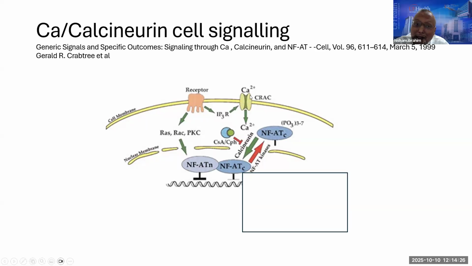This opens the calcium channel, allowing an influx of calcium into the cytosol of the cell. Calcium binds to calcineurin and activates nuclear factor of activated T lymphocytes. These make their way into the nucleus and cause the transcription of different factors, depending on the cell type, like we just said.